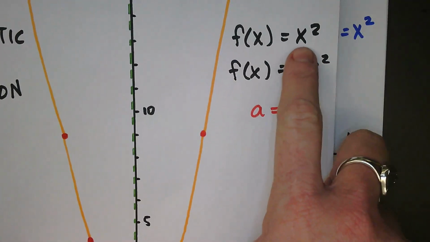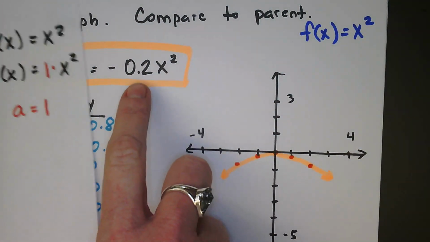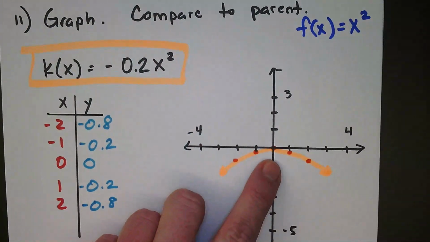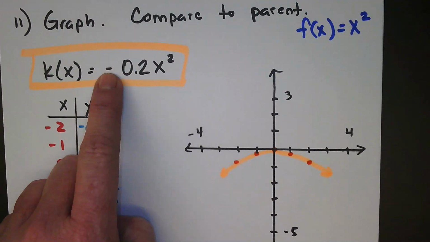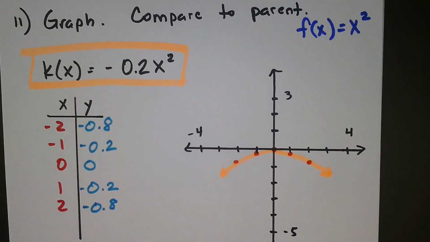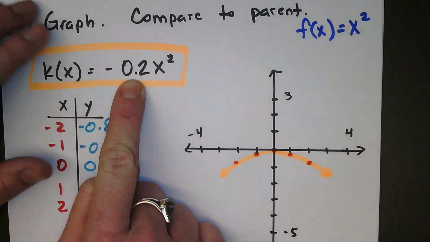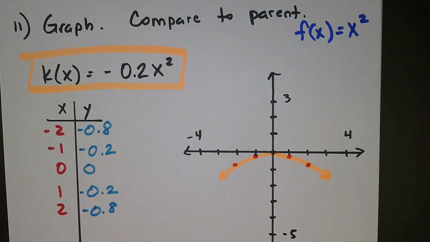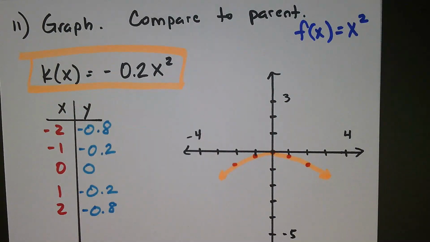On the parent function, the equation is just x squared. Here we have this -0.2. So that is causing a reflection. It's causing it to go upside down because of the negative. And then because it's 0.2x, it's actually a shrink. This number is smaller than 1, or really we would do the absolute value, right? 0.2, smaller than 1. It's negative, so it's underneath.